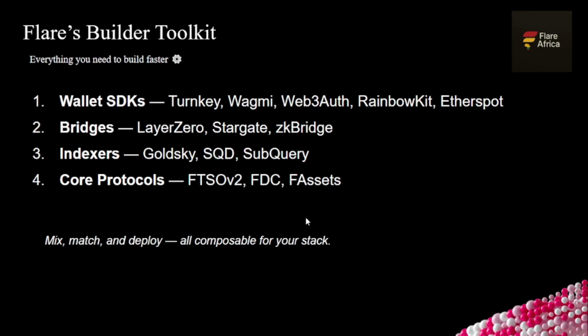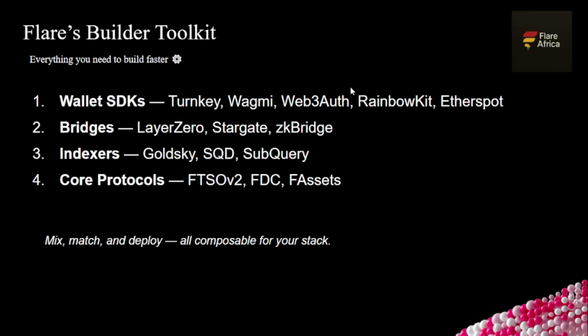There's a number of other tools that you could use to build complete applications on the Flare blockchain. Wallet SDKs are supposed to help you enable connections between your applications and the web browser wallets. But also tools like Turnkey can enable you to build embedded wallets.